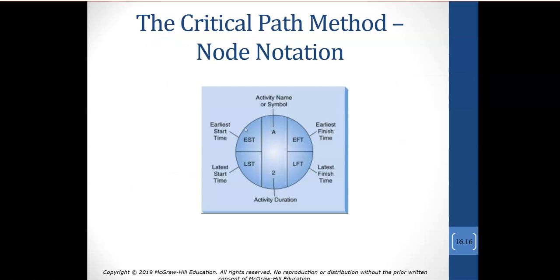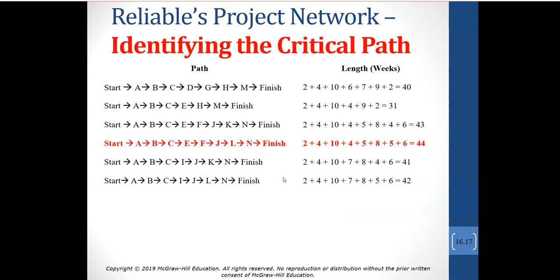If you look at how we built our node notation and the fact that we said in that center square in the bottom row, that was our activity duration, we can go through each one of the paths that we built and add up all of those durations.